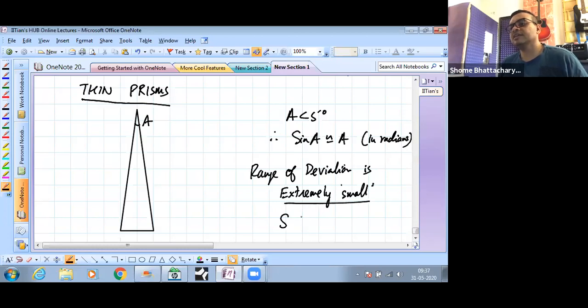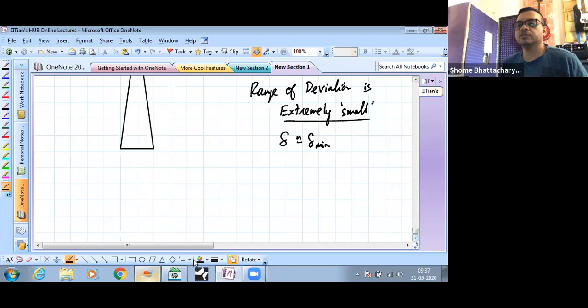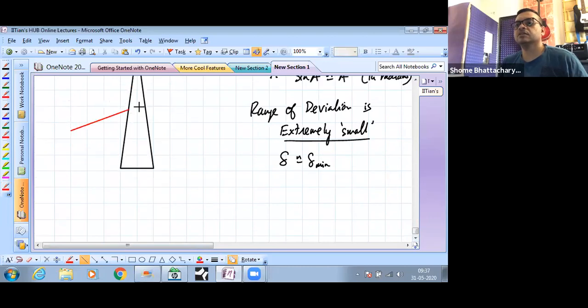So that means any delta is approximately equal to the minimum deviation. Okay. And so basically what we are saying is that for any incident ray, if an emergence is happening, then that emergence is happening at a very short range of deviation. So because it's a very short range of deviation, we can approximate this delta as approximately the minimum deviation.